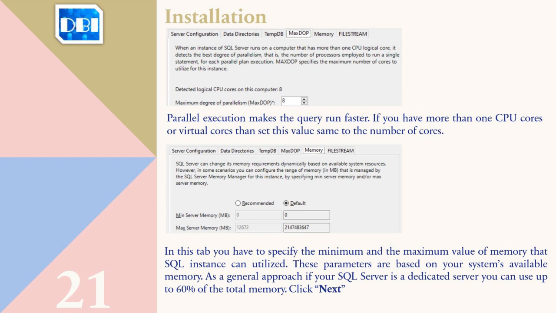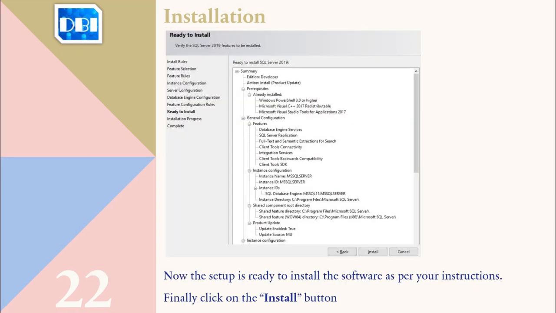In this tab you have to specify the minimum and the maximum value of memory that SQL instance can utilize. These parameters are based on your system's available memory. As a general approach, if your SQL server is a dedicated server, you can use up to 60% of the total memory. Click Next.